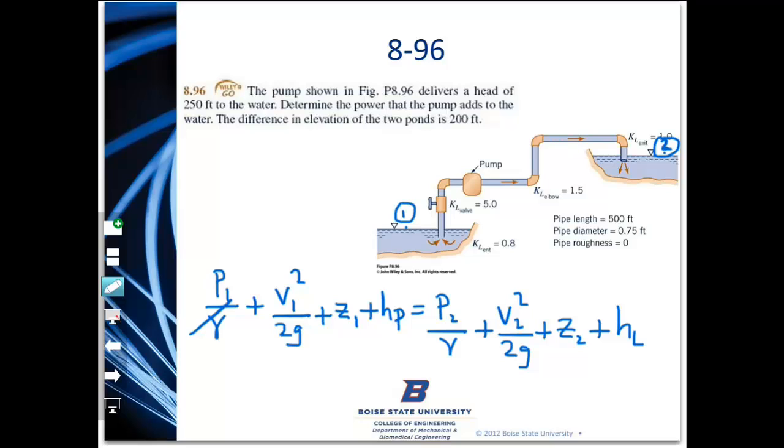So we can see that P1, P2 gauge, V1, V2 go to 0 as well, those are huge reservoirs, and we know Z2 minus Z1 is 200 feet, and we know HP, we have to find what HL is, okay?